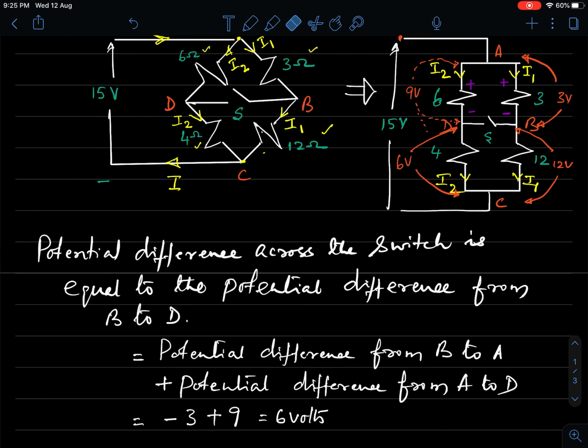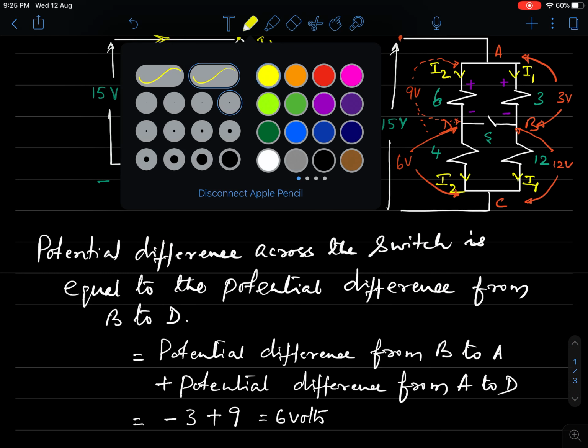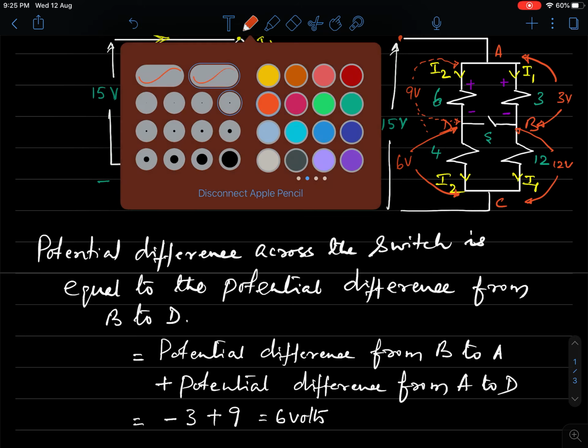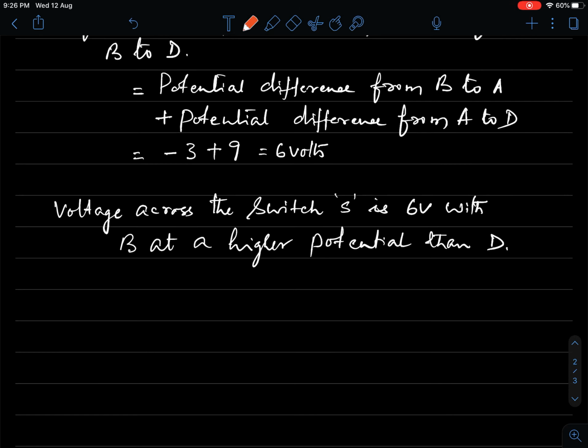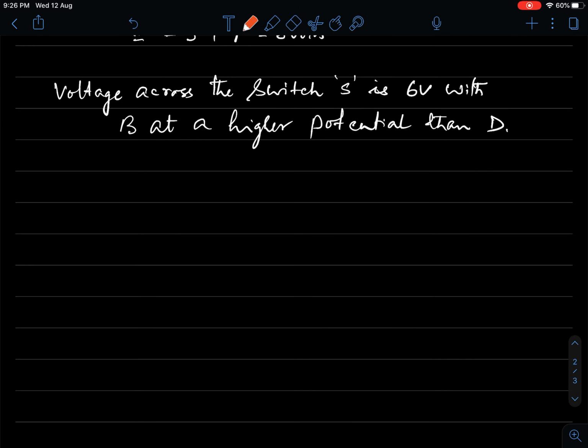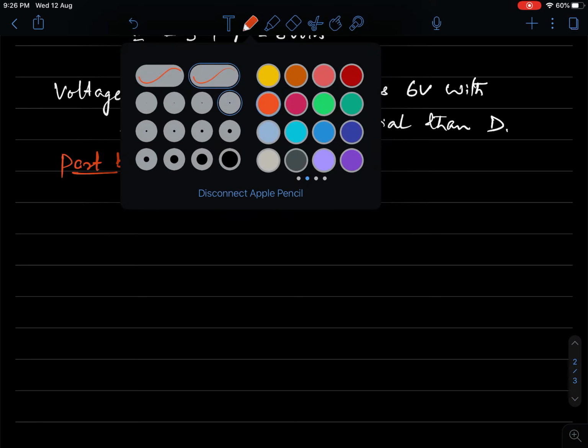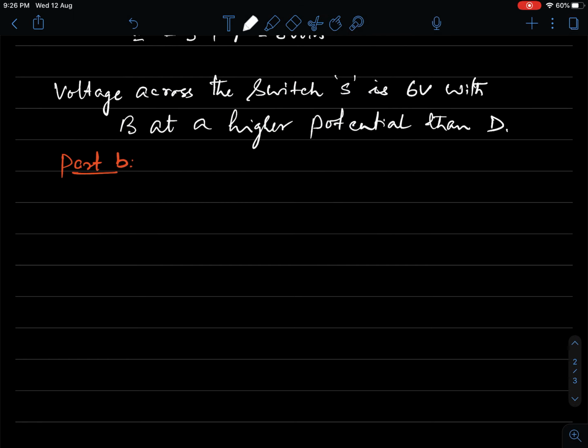Let's see part B. Part B says the switch is closed. So when this is closed, how much current would flow is the question.